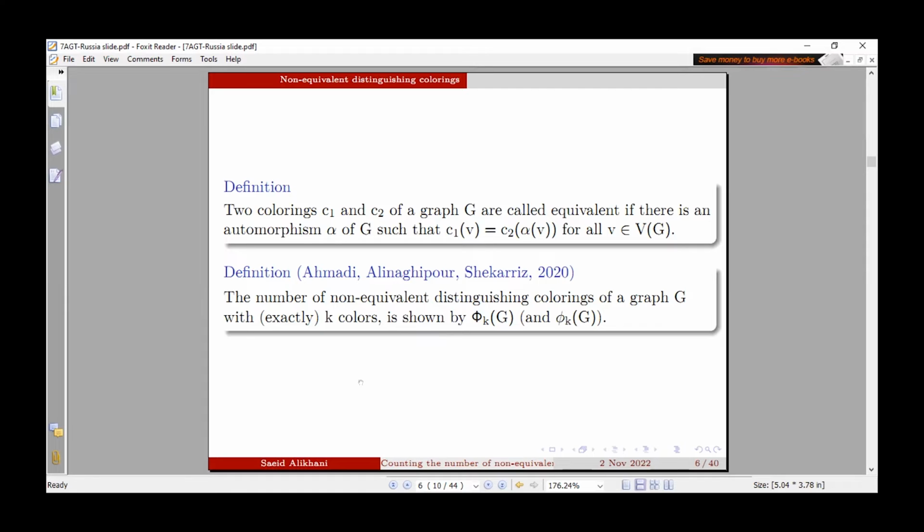in this coloring, how many colorings can we have, for example, with a fixed color. Let me explain more here.